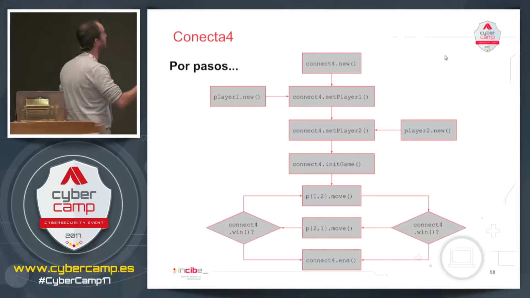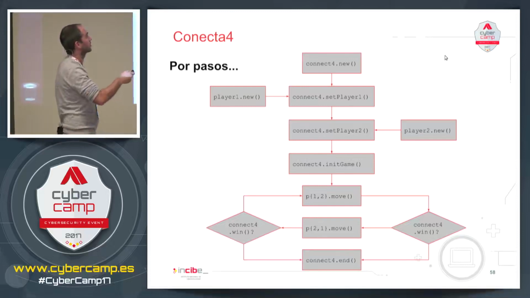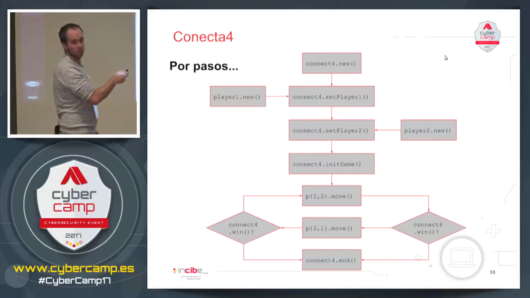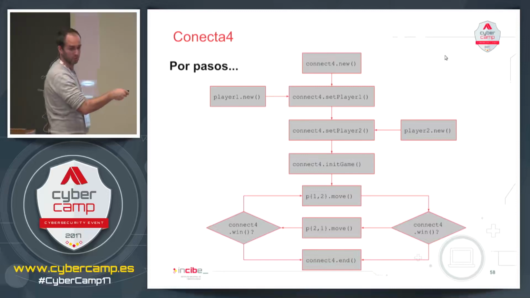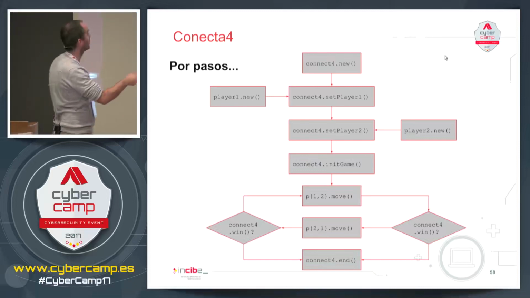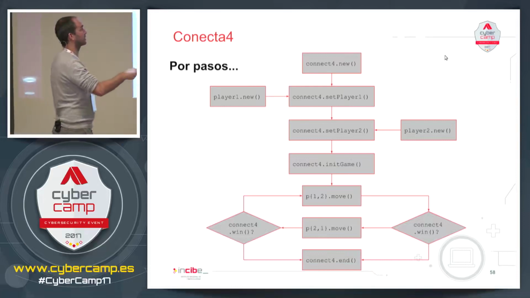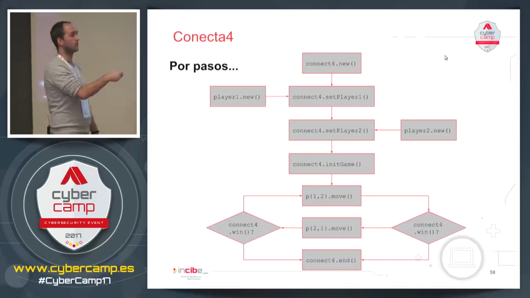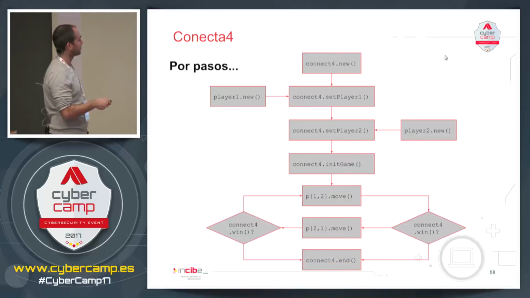This is the game flowchart. First, a new board is created, Connect4 new. The function new creates an instance of the smart contract. Players 1 and 2 create their own player instances on the board that we just created. Then once these two players are instanced, the board automatically starts the game.